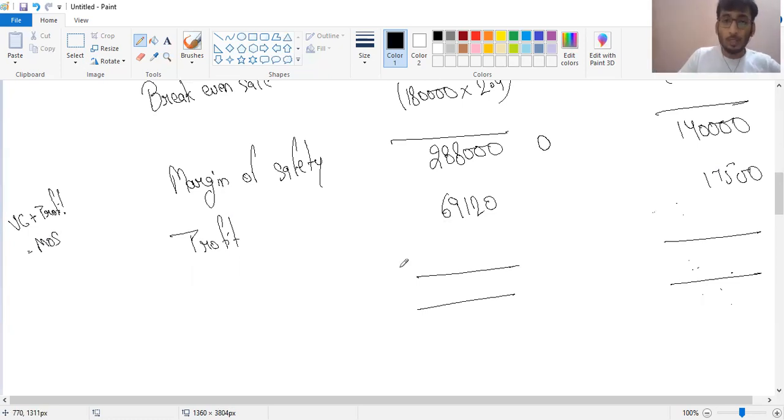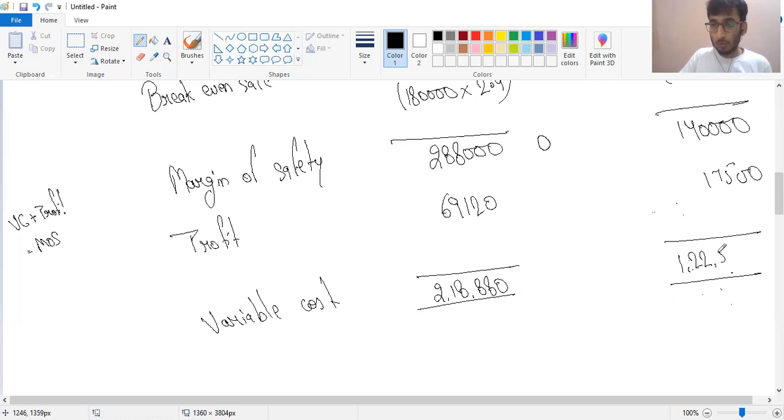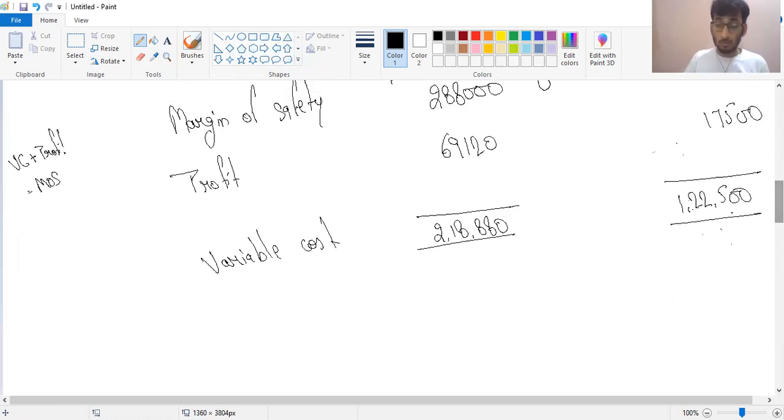Okay. Profit is given to us. What is variable cost? Calculate. It is 218,880 and 122,500. This is the variable cost. Correct.